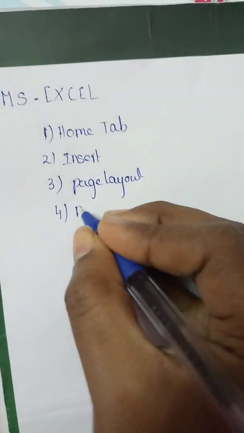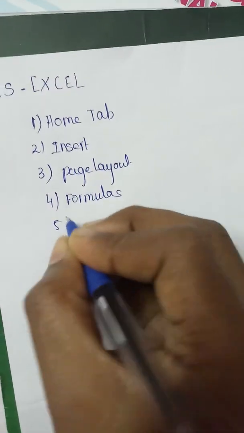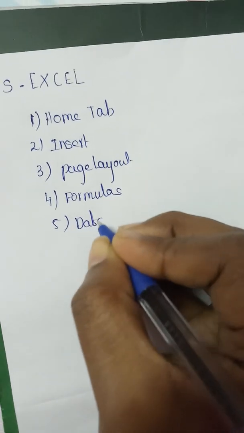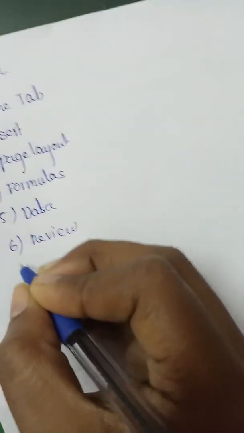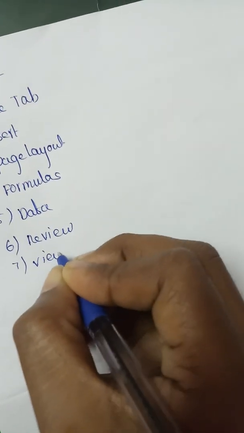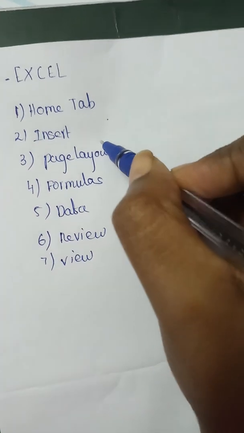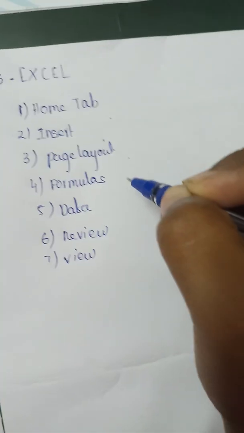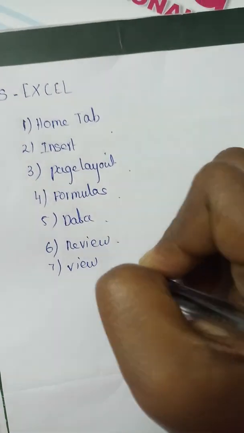Fourth one is Formulas. Fifth one is Data. Sixth one is Review. And the seventh one is View. So there are 7 tabs: Home, Insert, Page Layout, Formulas, Data, Review, and View.